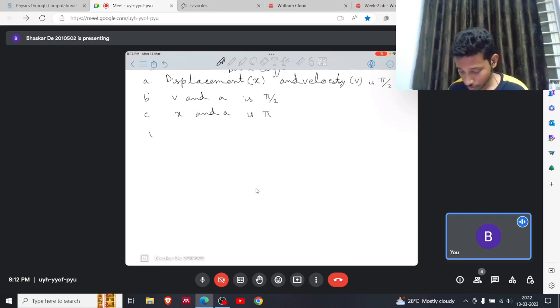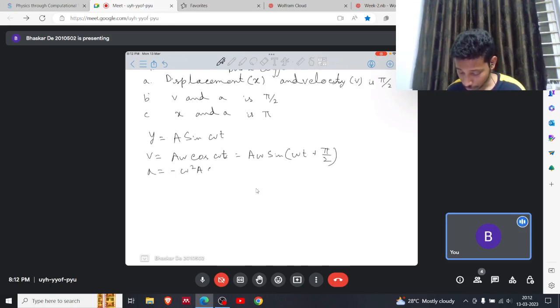For that we will start with y equal to a sine omega t. Now v is a omega cos omega t, which is a omega sine omega t plus pi by 2, and for a, minus omega square a sine omega t, which is omega square a sine omega t plus pi.